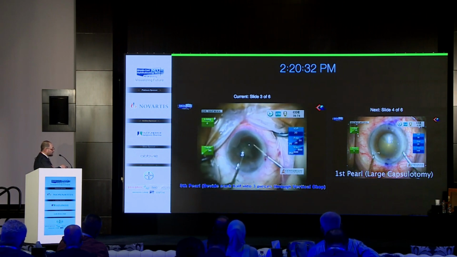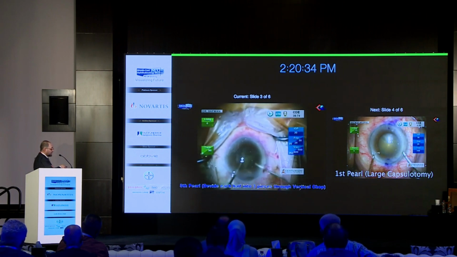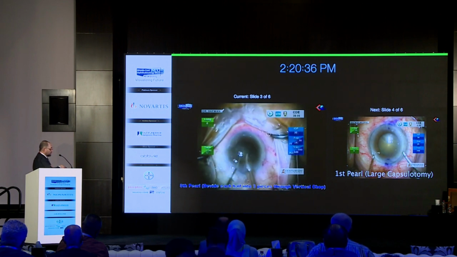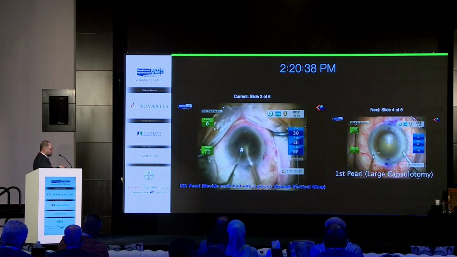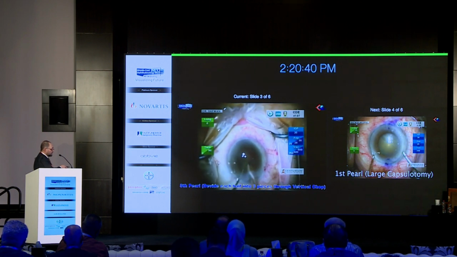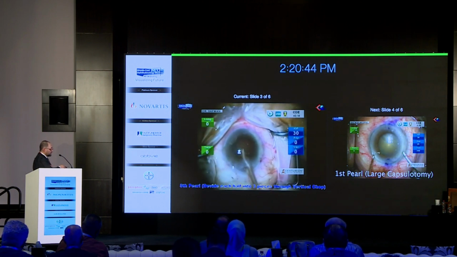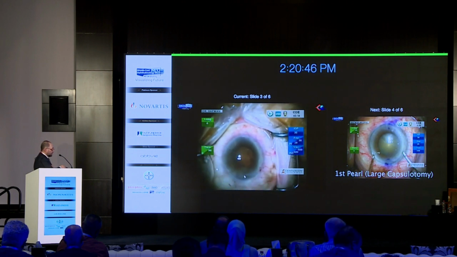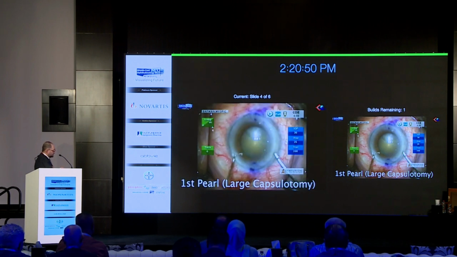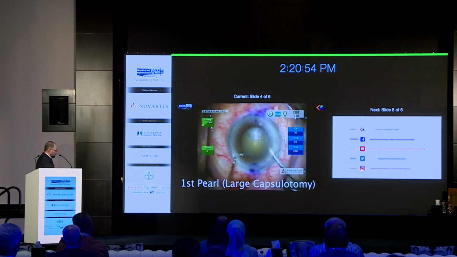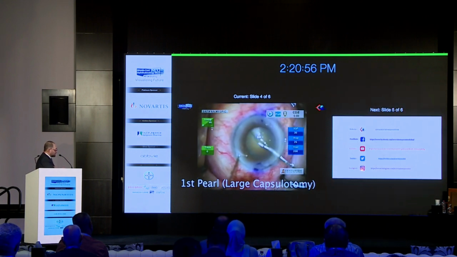See, these pieces were not separated, so I separated them first, and then I will go to the suction. It's hardly reaching, sometimes reaching 500, and that's all. So let us go to the second case. This is the second case, and we can see the same, a large capsulorhexis.